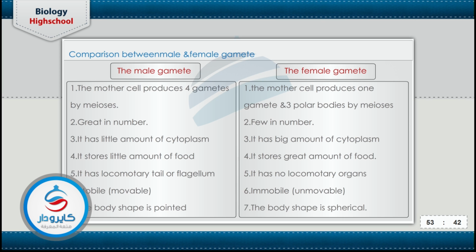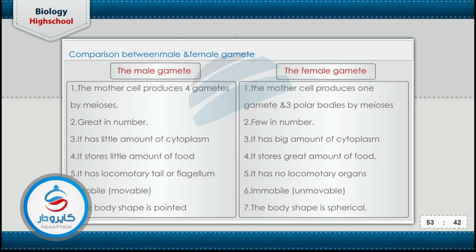So the male gametes are great in number, but the female gametes are few in number. If the mother cell divides into 4 cells, it produces a great number of male gametes with little cytoplasm and a little food stored inside the male gamete. But the female gamete has a great amount of cytoplasm and food stored inside.